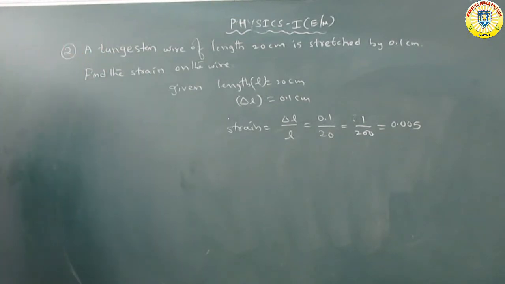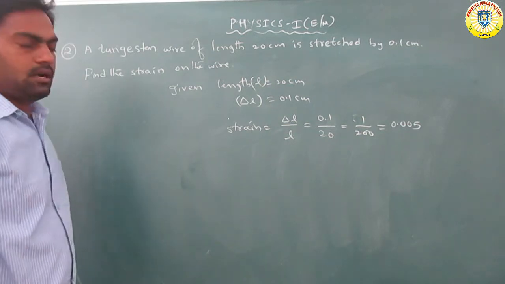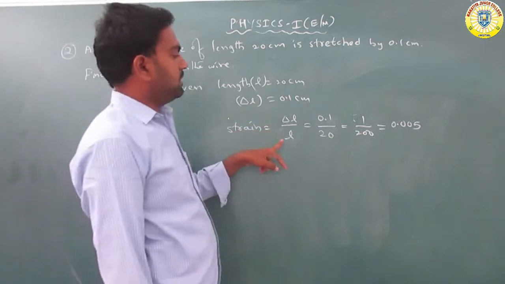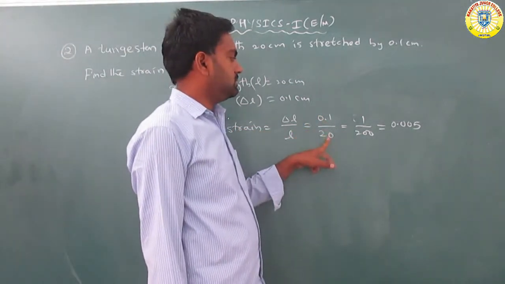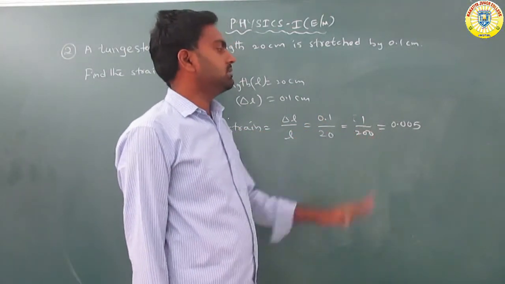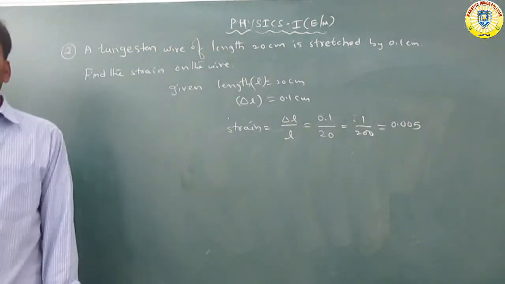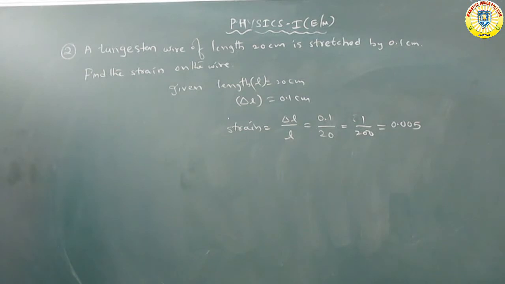There are no units for strain. So strain is equal to change in length by original length, 1 by 200, which is equal to 0.005. This is the strain produced in the wire.